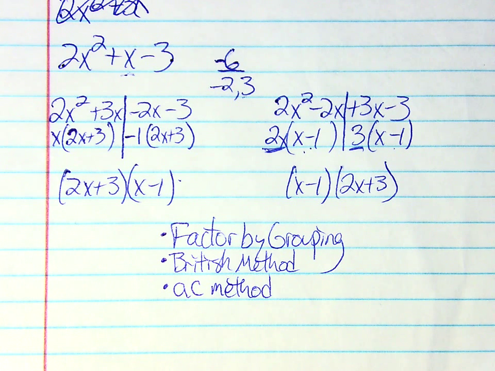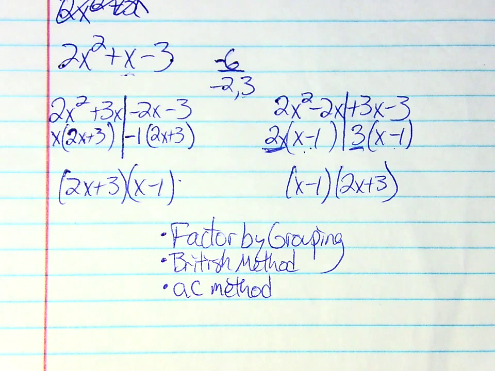Are there other ways to factor trinomials when A is not 1? There are, but in my opinion, this is probably your easiest way. When I was learning this, there was something called guess and check, which was super annoying, and you literally just kept guessing and checking and hoping that you found the right combination.